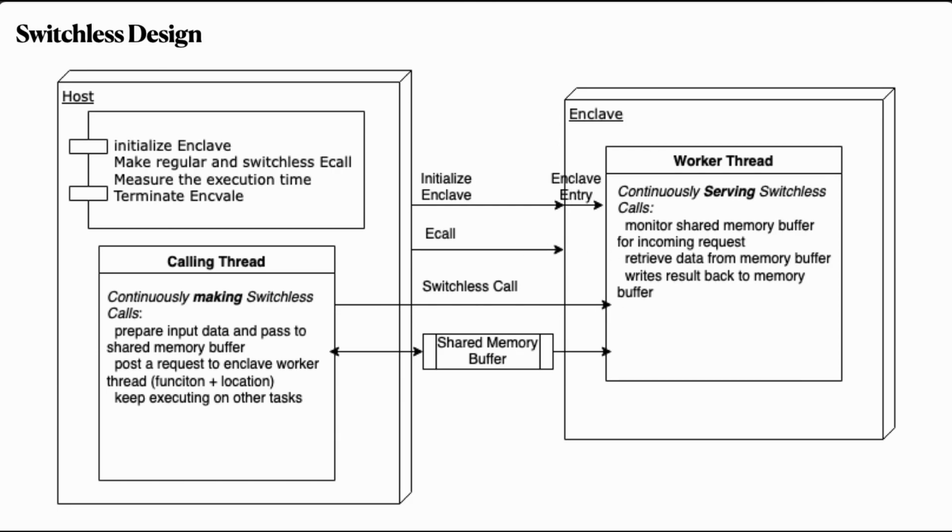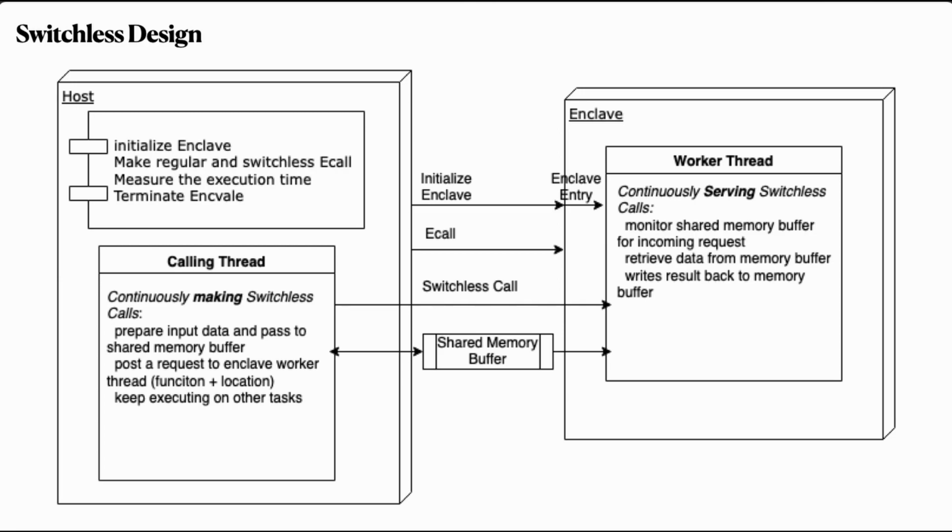So to modify it to switchless, we have two threads. One is called the calling thread, which resides inside the host. This calling thread will continuously make switchless calls. It will prepare the input data for the enclave function and place it into the shared memory buffer.